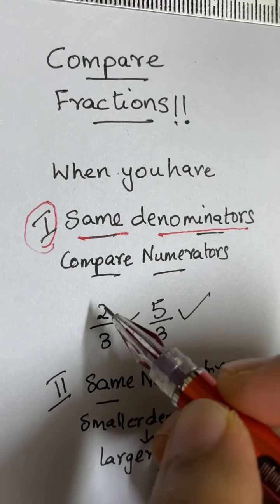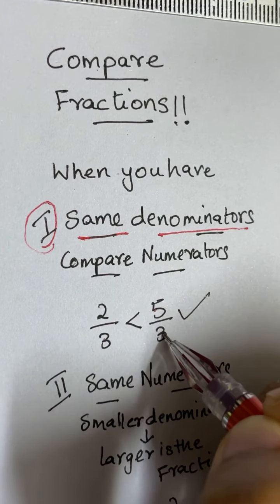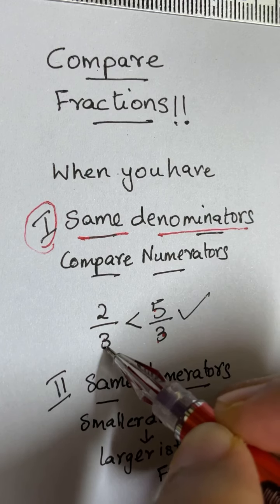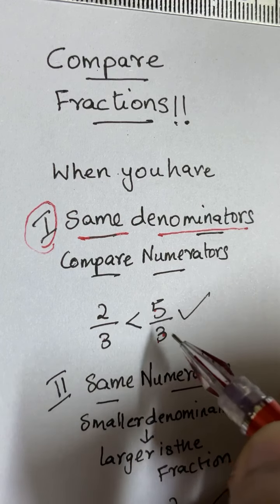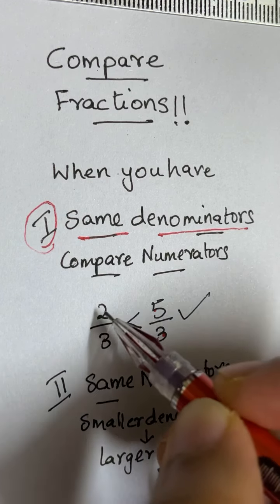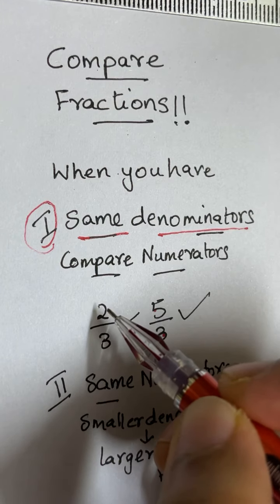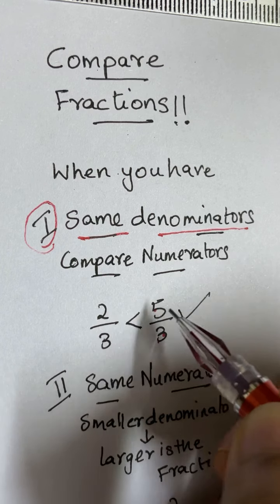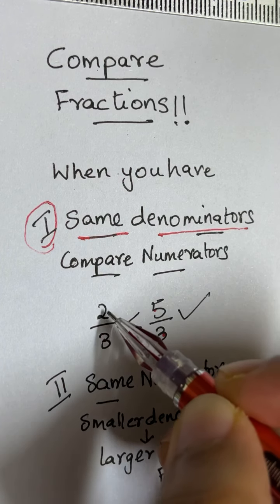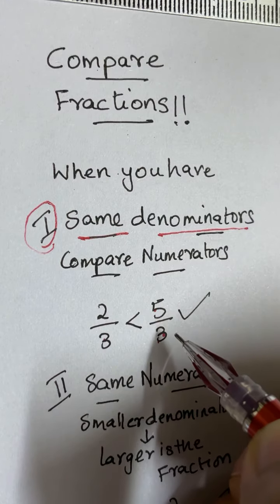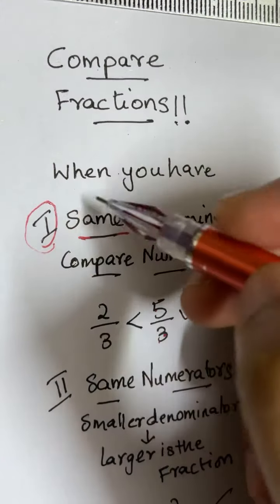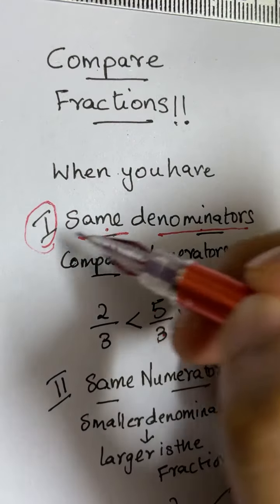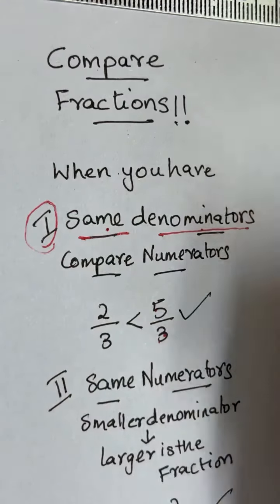For example, if you have 2/3 and 5/3, the denominators are the same, 3 and 3. So you directly compare the numerators: which one is lesser is less and which one is more is greater. That means 2 is less than 5, so 2/3 is lesser than 5/3. That's how we compare numerators when we have same denominators. That's the first method.